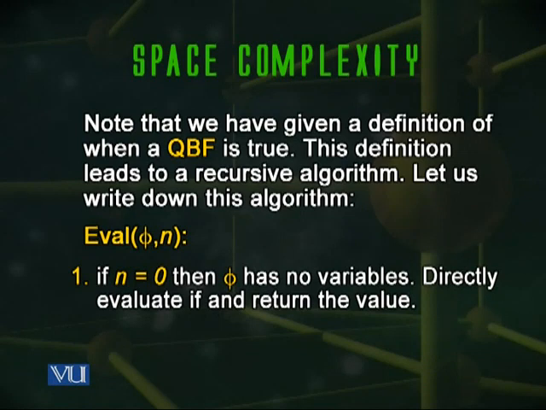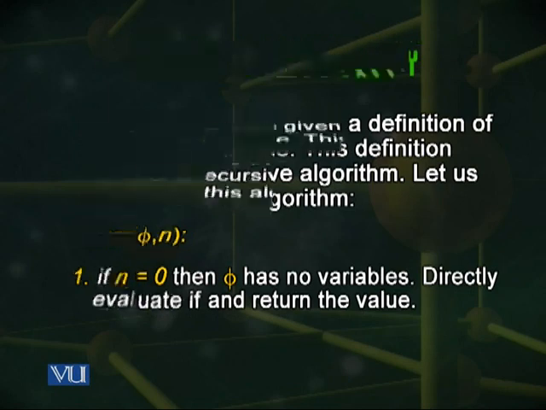It is just made out of constants with the connectives and, or, and not, and we can directly evaluate and return its value, and that value would be either true or false. So this is the base case or the terminating case of our algorithm. When the quantified Boolean formula has no variables, it's just a formula over constants, the algorithm simply evaluates its value and returns that.